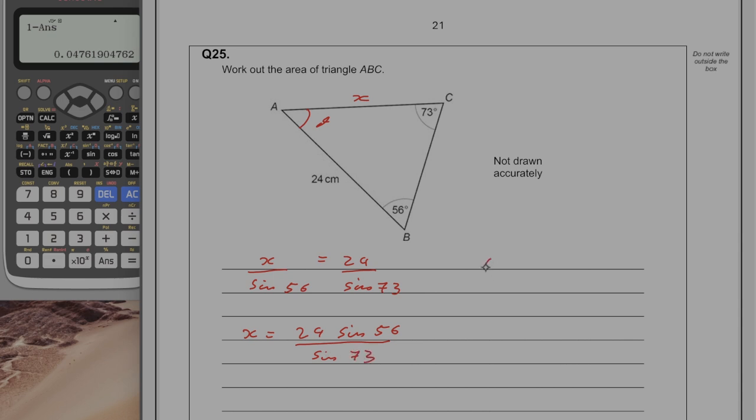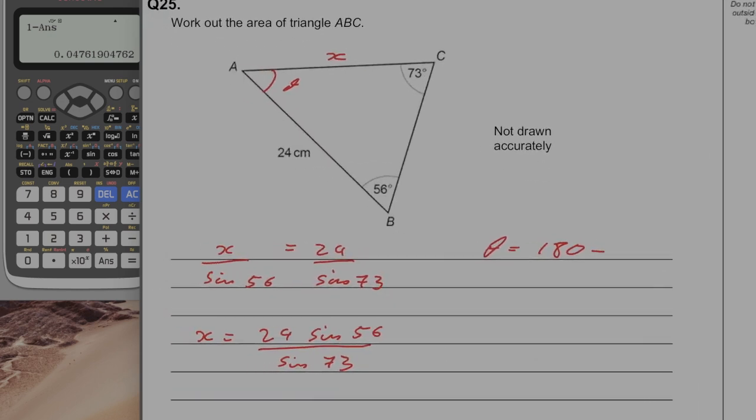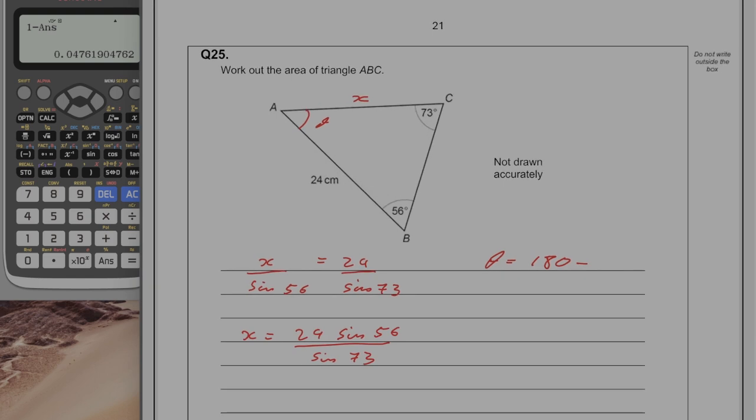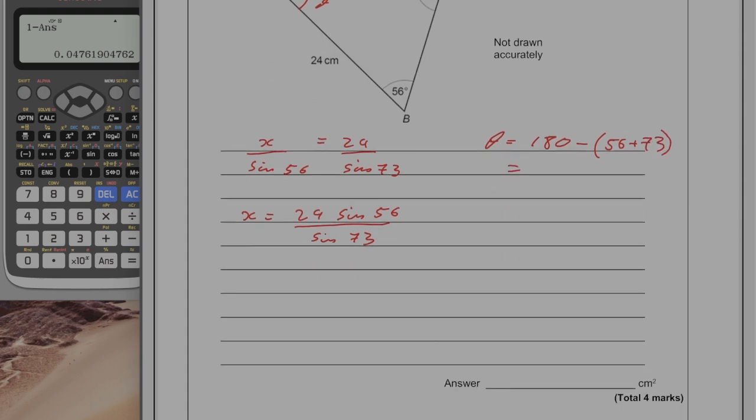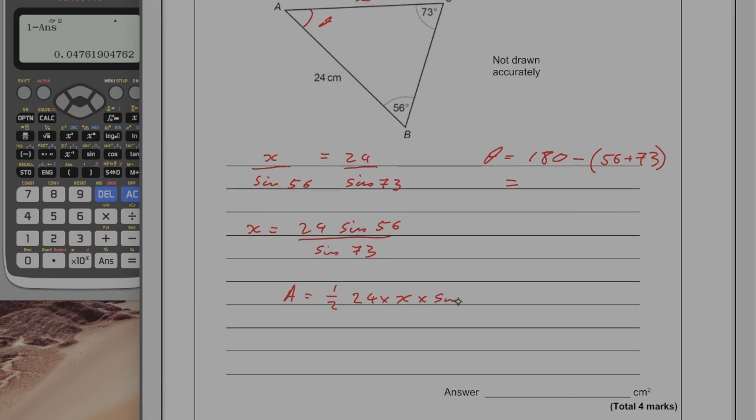I'm also going to say that theta is equal to angles in the triangle minus the two known angles, which are 56 and 73. And then I'm going to use the area, which is equal to half ab sine C. So 24 times x times sine theta.